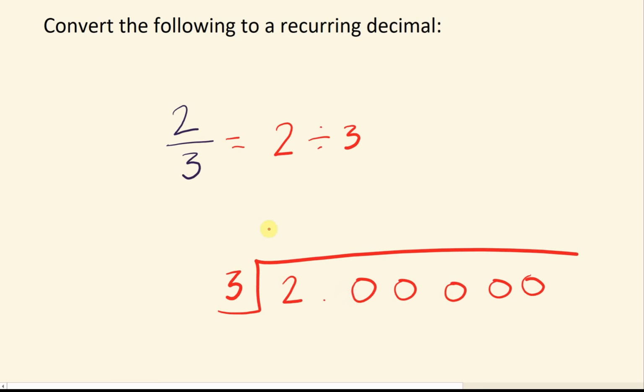So 3 into 2 doesn't go, we've got 2 left over, so 2 carries on, this point also appears right by the first point. 3 into 20, I know 6 3s are 18, so it's 2 left over, 6 3s are 18, 2 left over, and we see here we're stuck in a loop. So that means the answer to this is going to be 0.6 recurring, because the 6s go on forever.